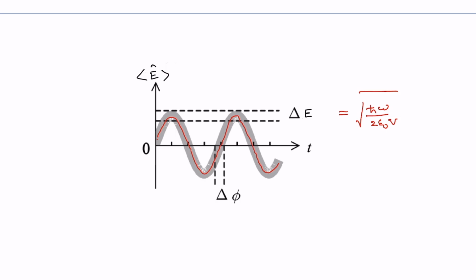Apart from this uncertainty in the electric field, there is also an uncertainty in the phase of the coherent state, which is also evident from the plot, but we are not calculating it. You can do it as an exercise.